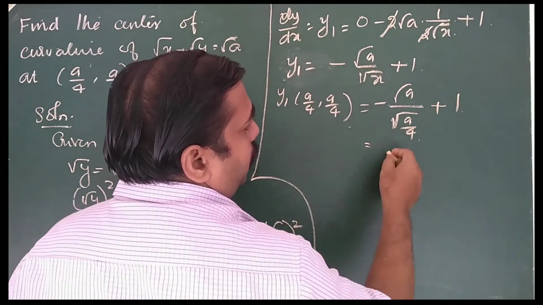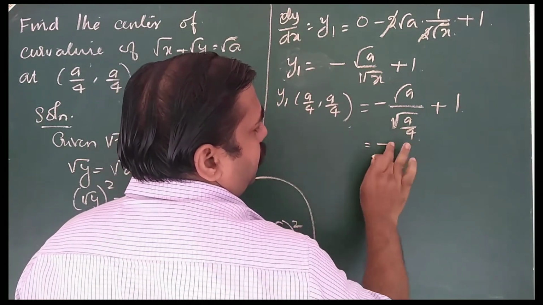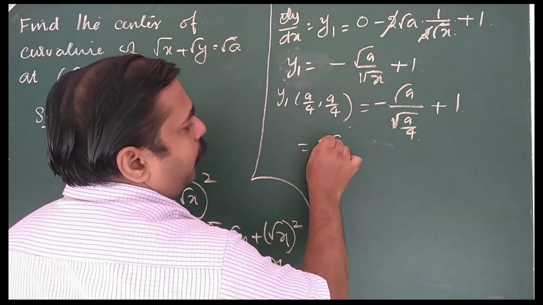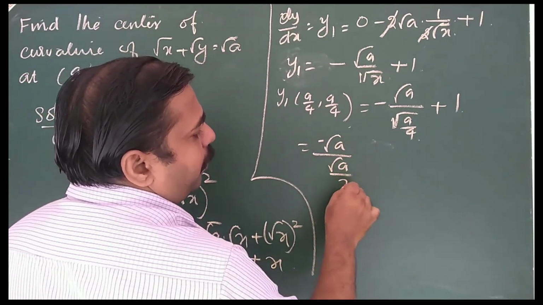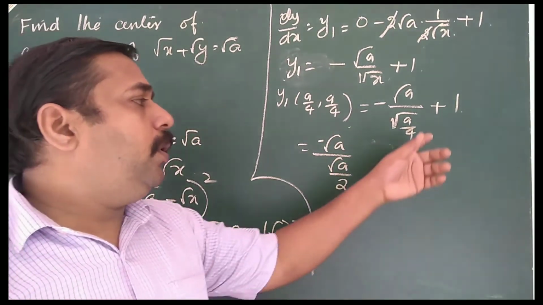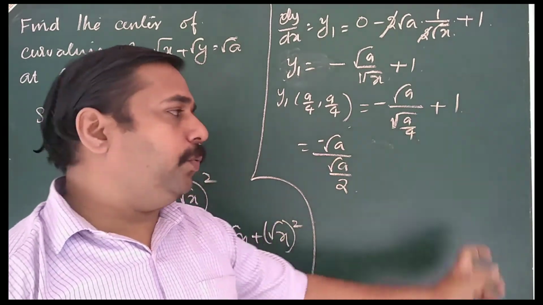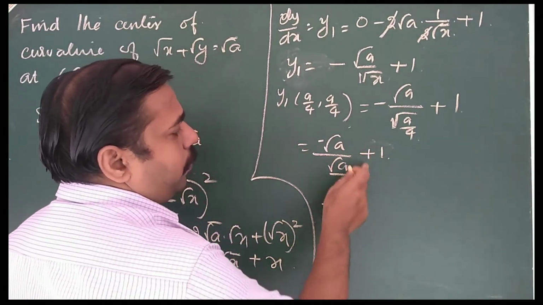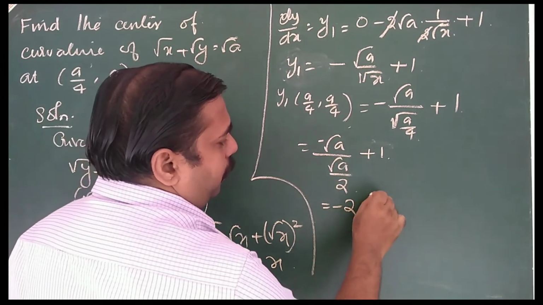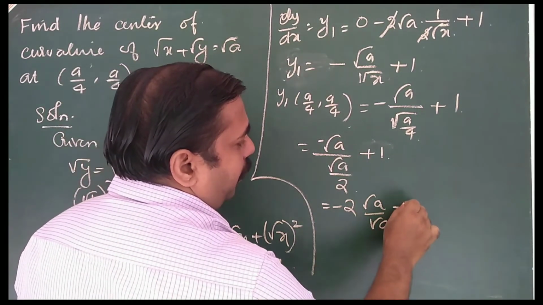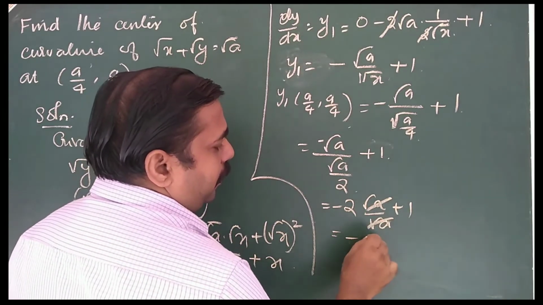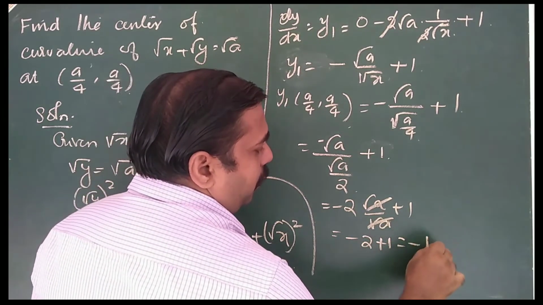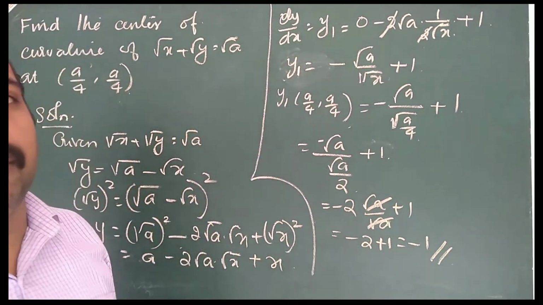So that is equal to minus root a by 2, because root of a by 4 is root a by 2, plus 1. So this 2 goes to numerator, that is minus 2 into root a by root a plus 1, cancel, that is equal to minus 2 plus 1 is equal to minus 1. This is the first derivative.